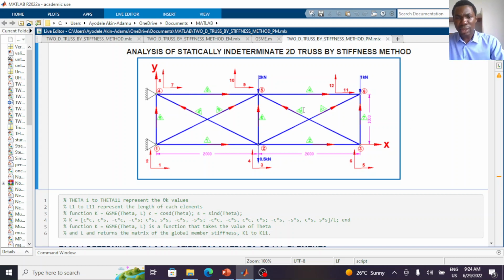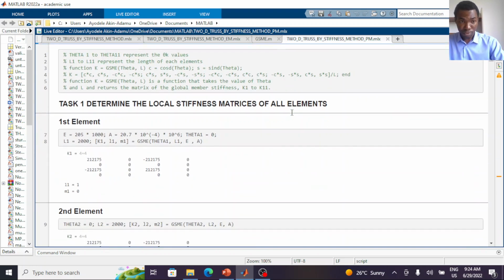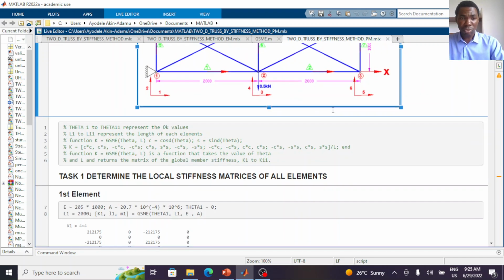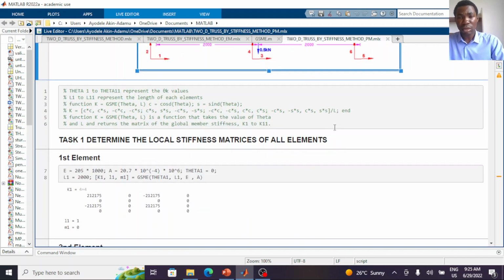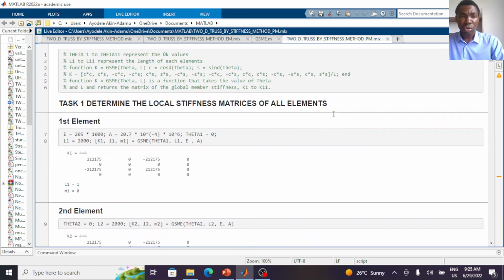So this is our finite element model for a truss problem. I'm not going to waste my time here because I've already explained this on PowerPoint. So the first thing you need to do to solve this problem is to determine your local stiffness matrix for all the elements. In this problem, we have 11 truss finite elements. So you need to compute the local stiffness matrix for all the elements.